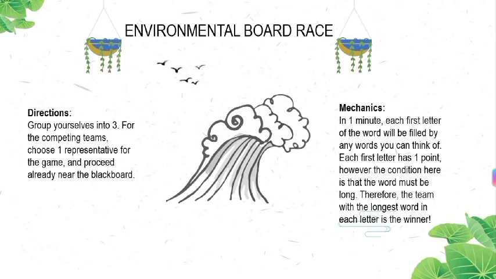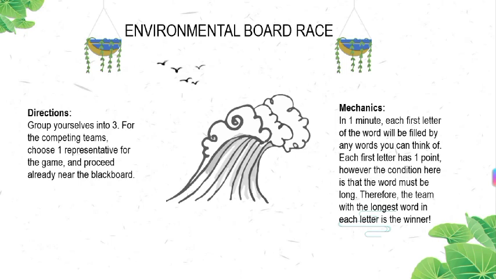You are to create three teams and choose one representative. In 1 minute, each first letter of the word will be filled by any words you can think of, either related to the environment or anything you can think of.